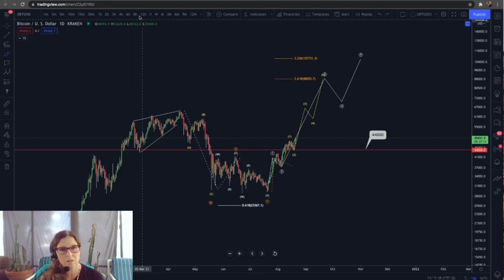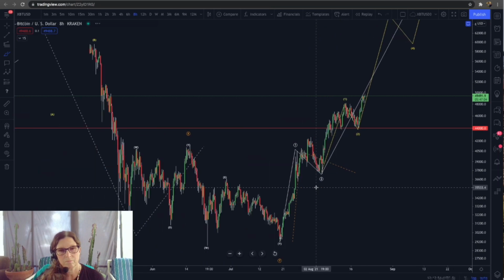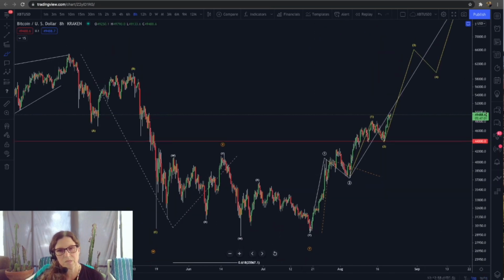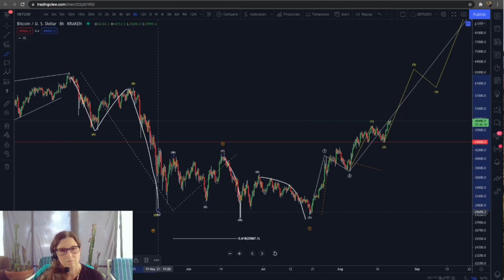The reason that I am not leaning this way, and I want to go over this because I've had questions about it, the first reason is that this move didn't hit the 618, meaning that when you pull an extension on this leg and up, none of these legs here can partner up with this ABC right here, even if it ended over here. You can't partner this one up because it doesn't hit the 618.